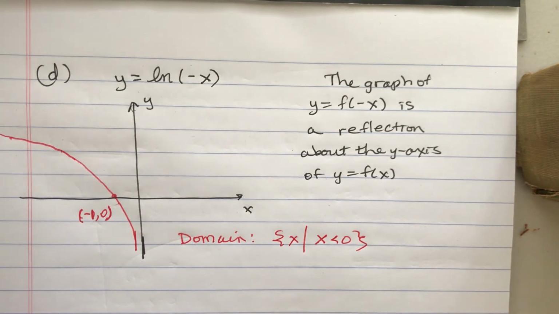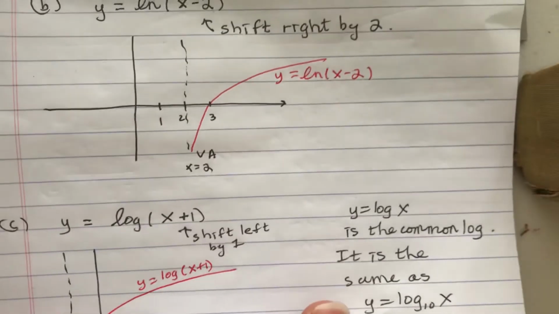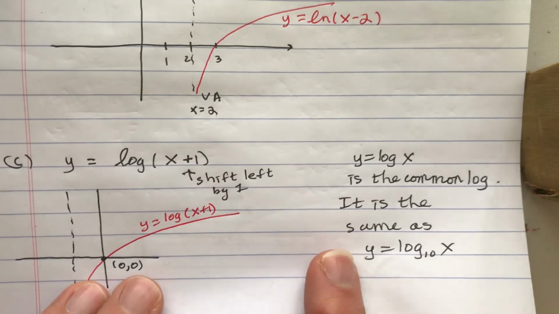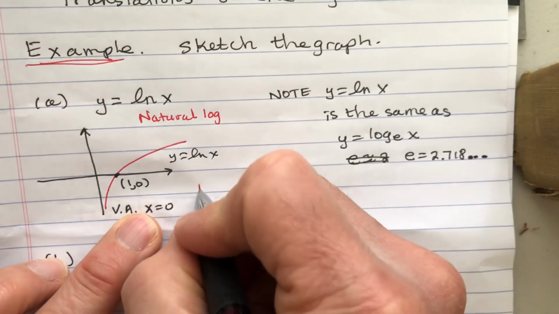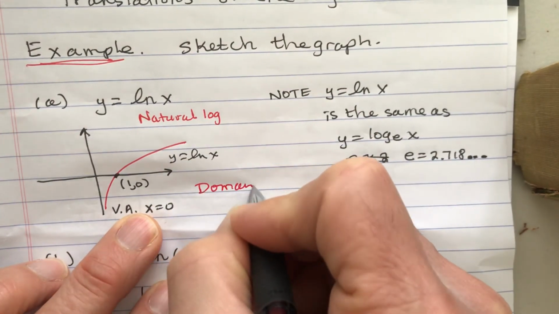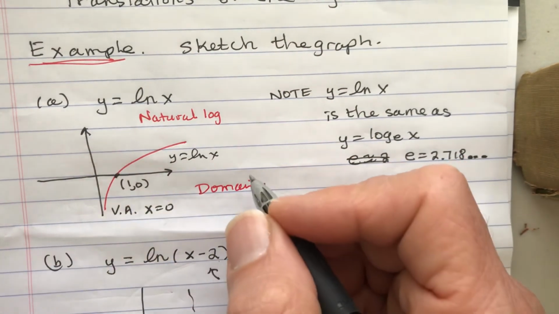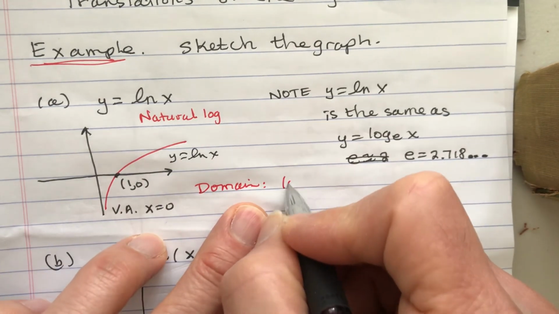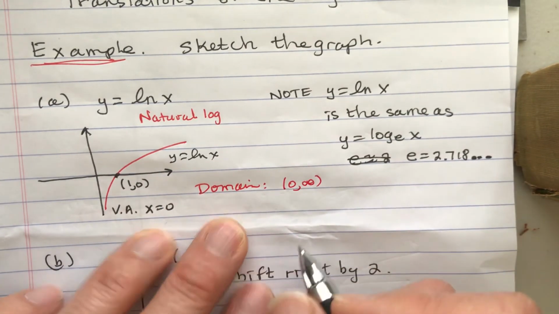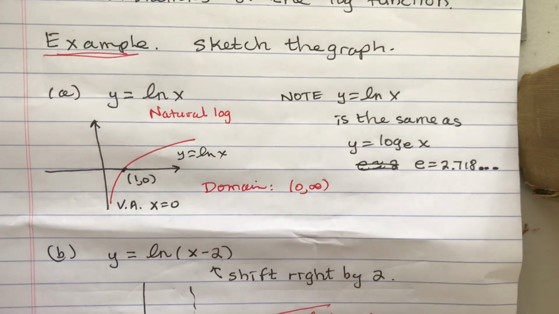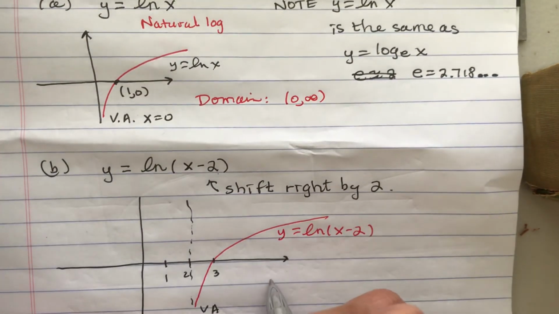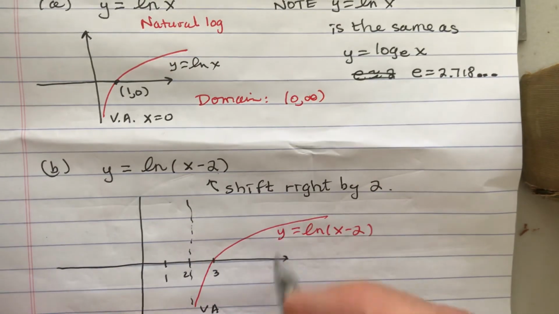We might as well go back and look at the domain of these others too. So for this, let's go all the way over here to A. The domain is all x greater than 0. I'll just write this 0 to infinity. But see, it's round, so we don't include 0. So it's x greater than 0. What I mean is the parenthesis is a rounded one.